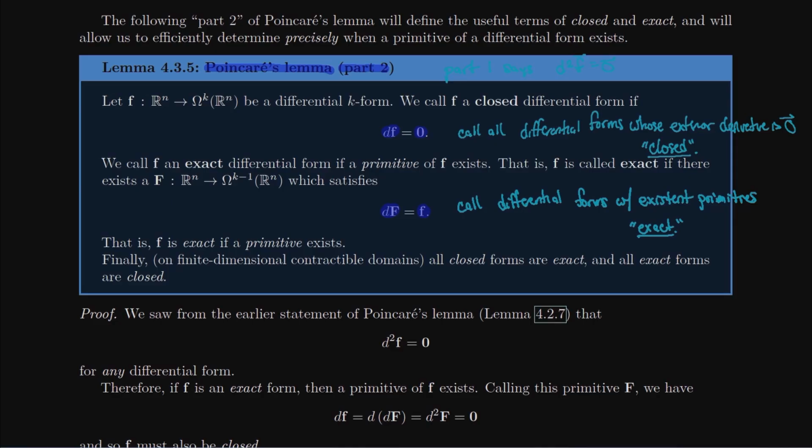Poincaré turned around and said, as long as you have a finite dimensional contractible domain, don't worry about what that means, most of the things that we encounter are going to be finite dimensional contractible domains, these are the same thing. All closed forms are exact, all exact forms are closed. So it means that these imply each other.